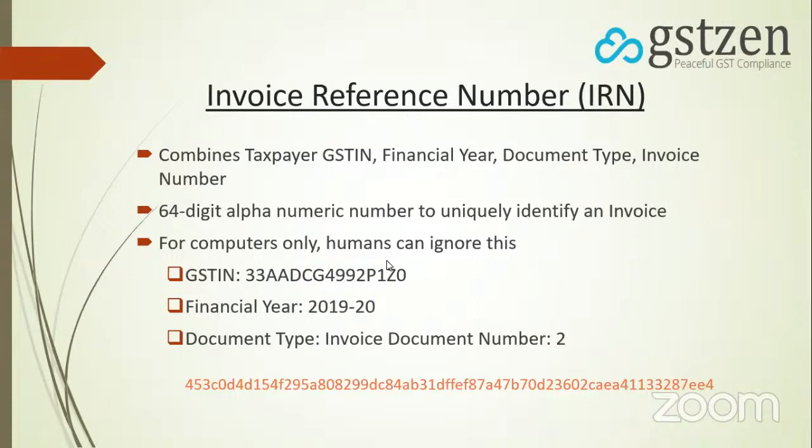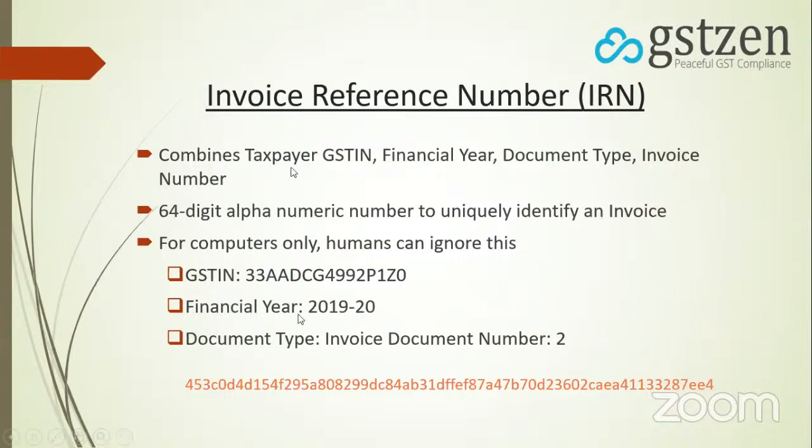If you use these four details again in the same financial year, it will give you an error saying duplicate IRN. You would not be able to register the same invoice with the portal again in one financial year. So it is a 64-digit alphanumeric number that is unique, used to uniquely identify an invoice.